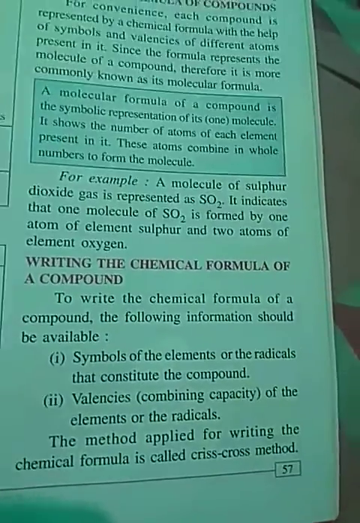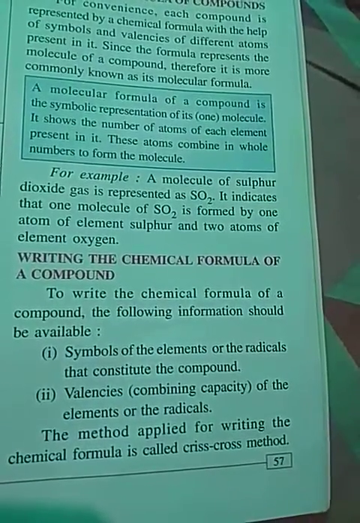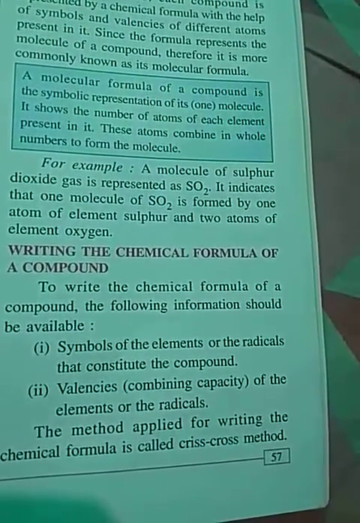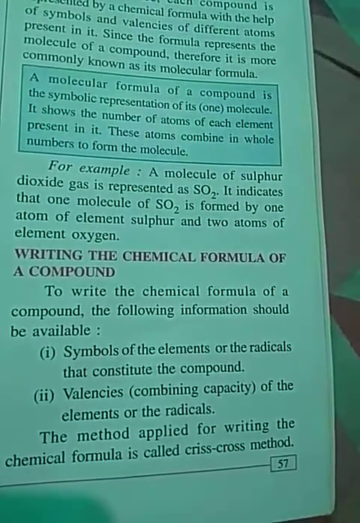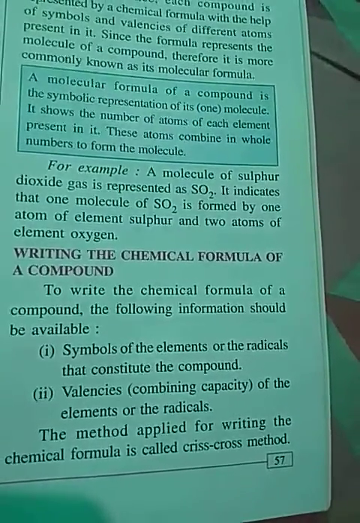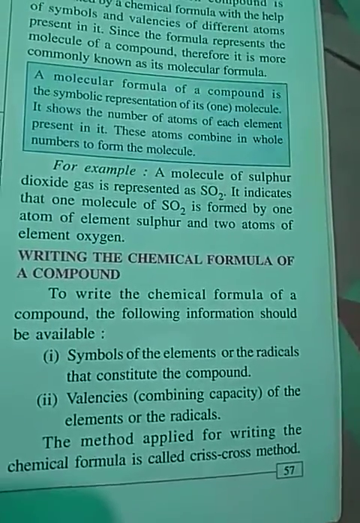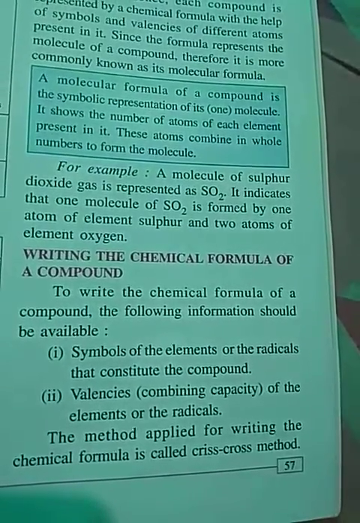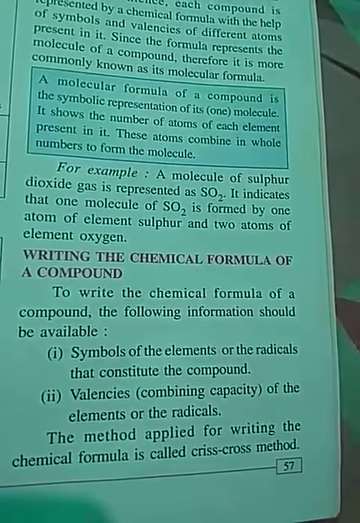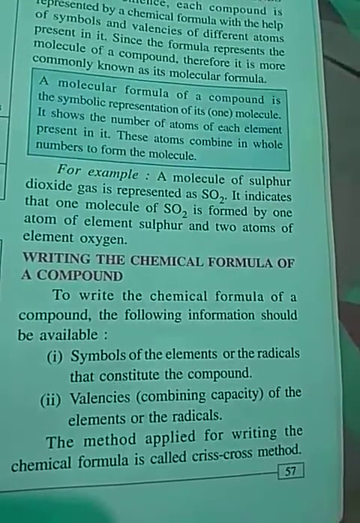My dear students, I have told you if you know the atomic number, you can know the electronic configuration, and we can know the valencies. So for writing a molecular formula, we must know two things.